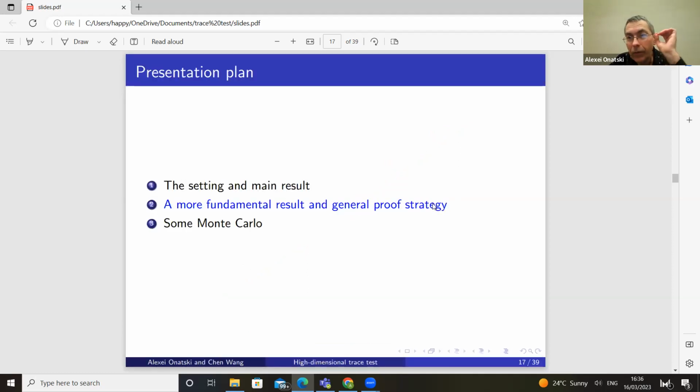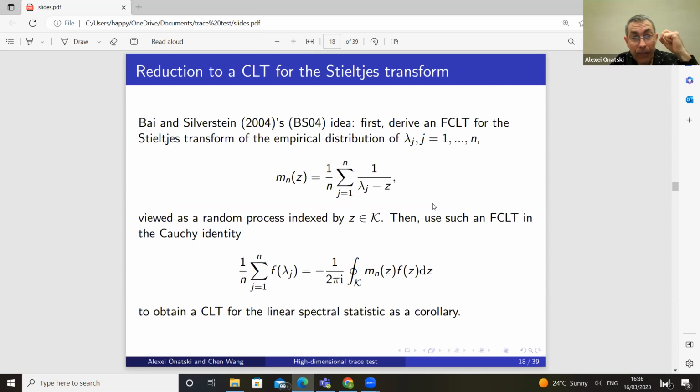Now I want to say a few words about a more fundamental result and a general proof strategy. And this will not be very long. By more fundamental result, I mean the central limit theorem for statistics of this form, where this function f doesn't need to be the logarithm of 1 minus lambda, but practically anything.